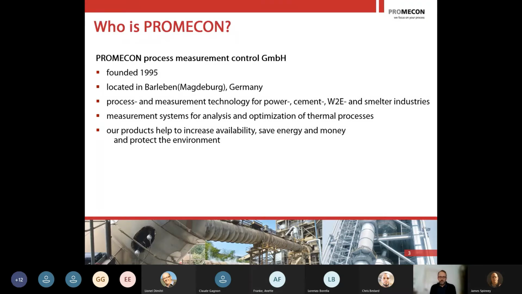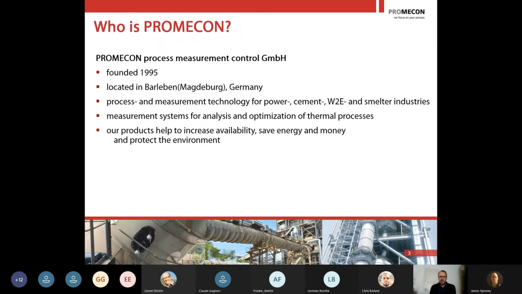And we produce process and measurement technology for the power industry, cement industry. Waste to energy is a big topic right now here in Europe. And then we have some special products also for the smelter industry.